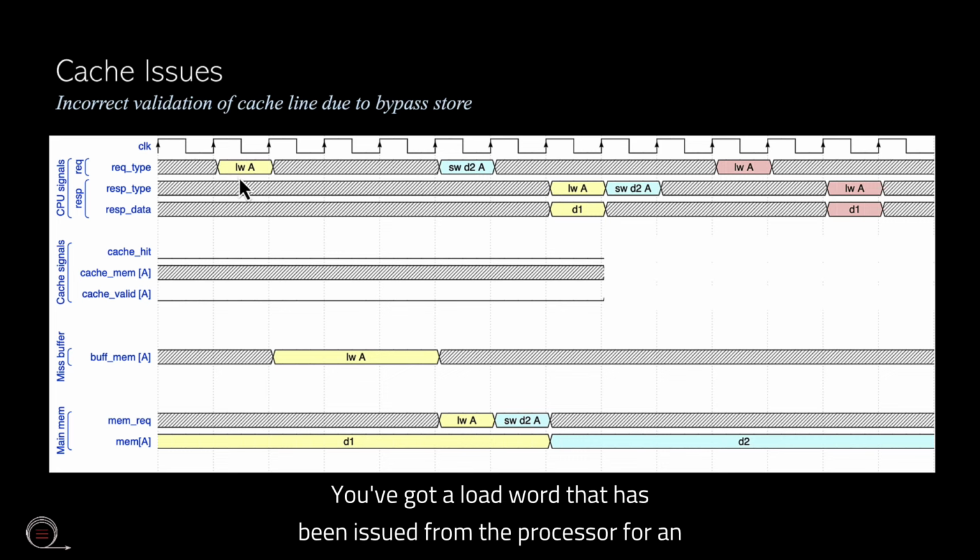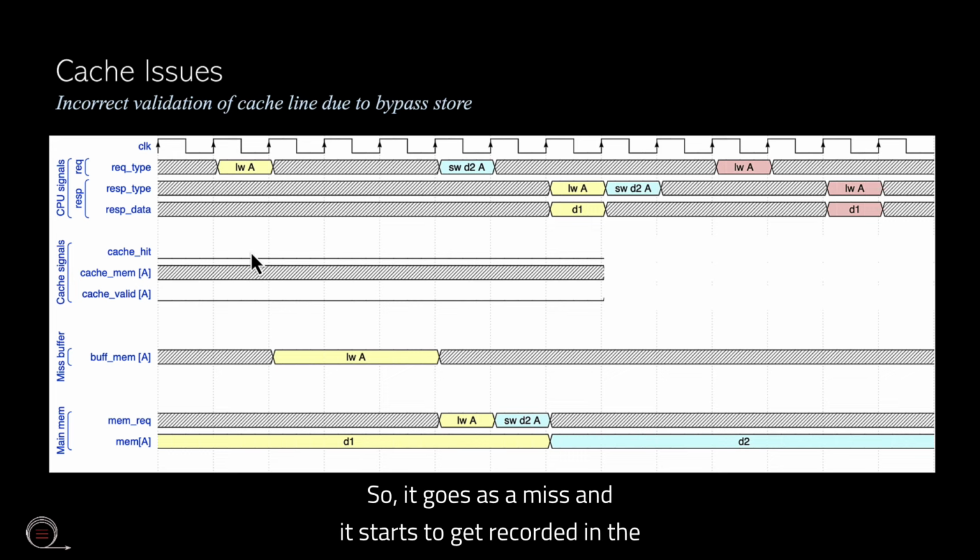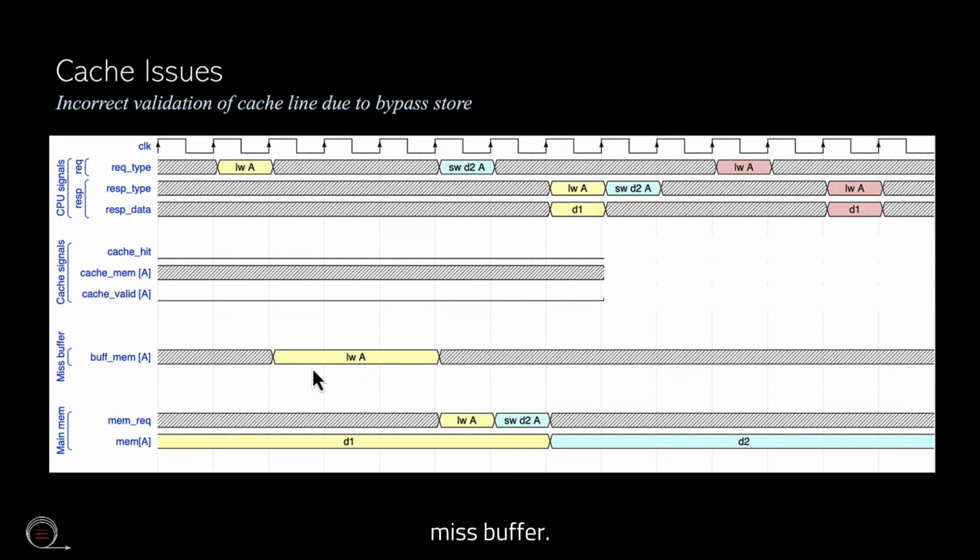You've got a load word that has been issued from the processor for an address A, and this doesn't get a hit in the cache, so it goes as a miss and starts to get recorded in the miss buffer.